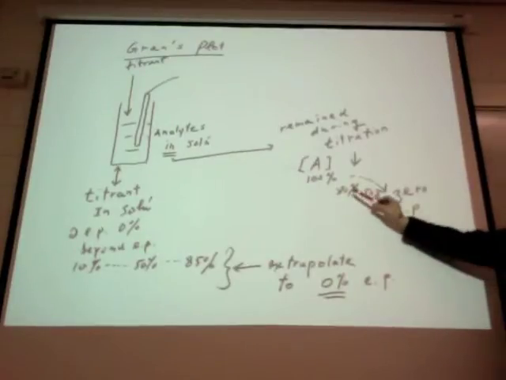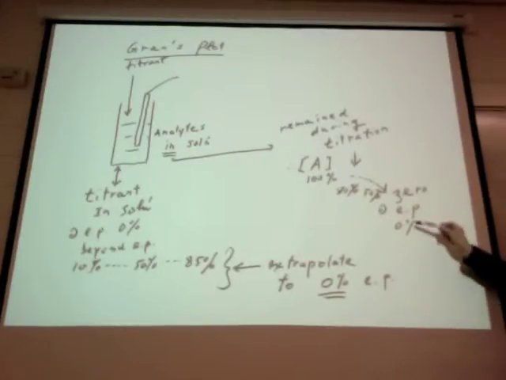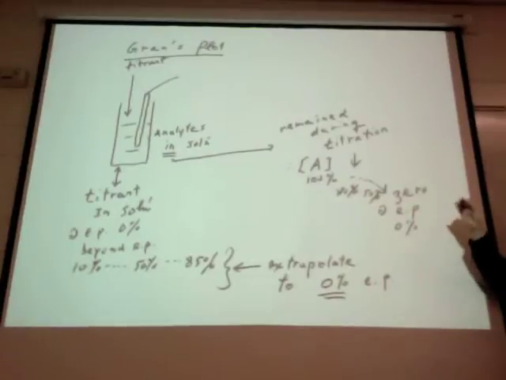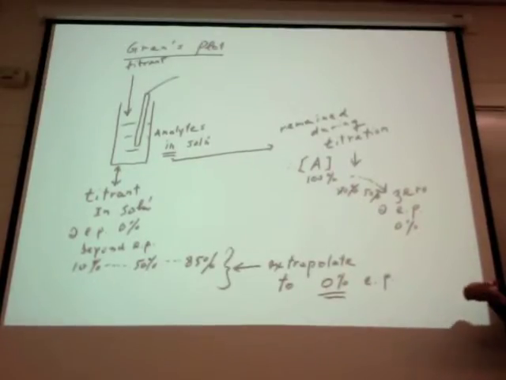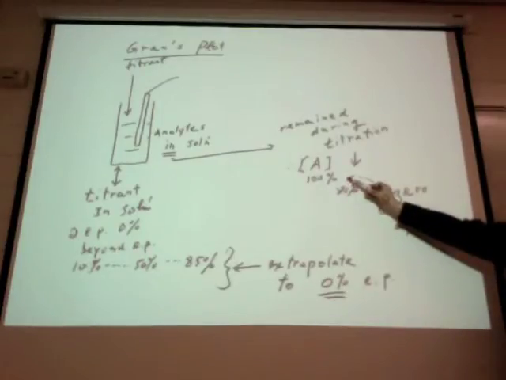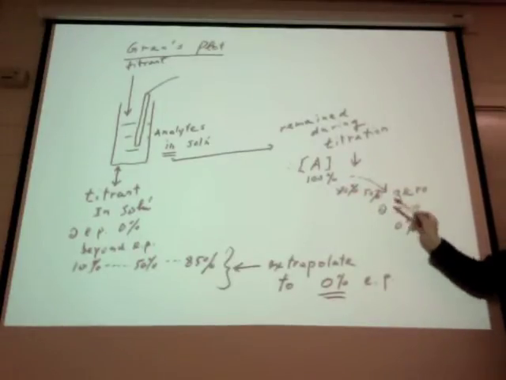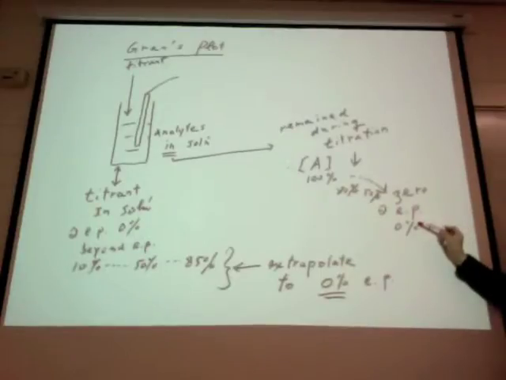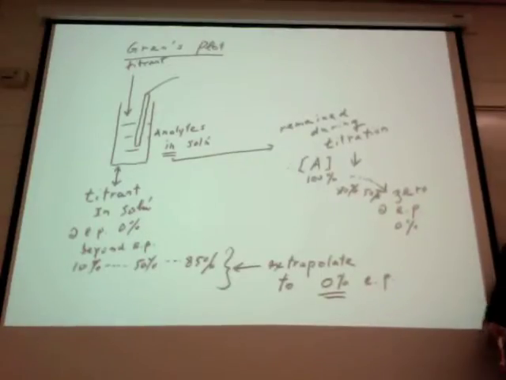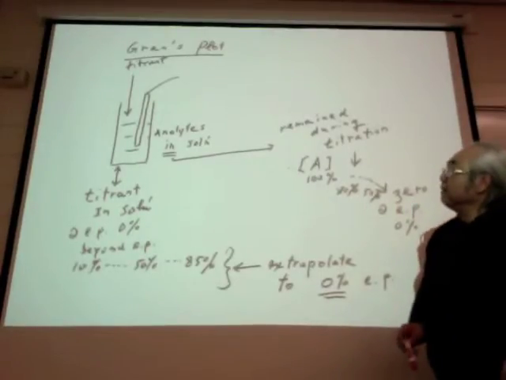So that's the idea, right? You don't have to exactly go to 0 and catch that as my endpoint. Rather, Gran's idea is just follow the potential here, then extrapolate to 0. So that involves the extrapolation.